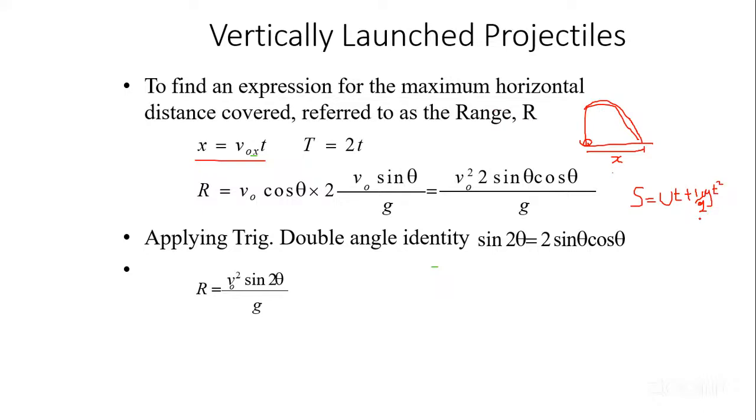Remember that when the object is going horizontal, there is no acceleration due to gravity, so this part becomes 0. However, the horizontal component of the initial velocity is ux, which gives us u cos theta, times time.